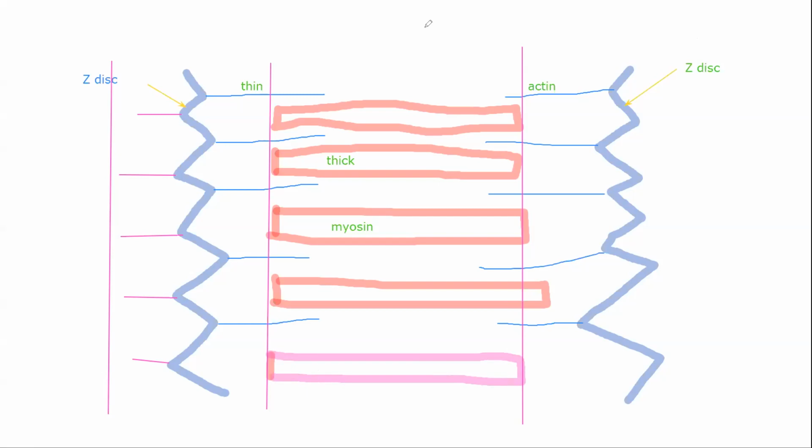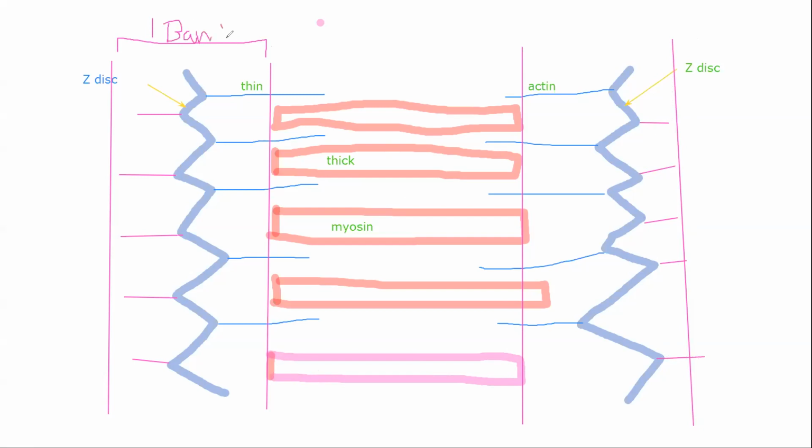All right. And then we would have a line over here, here, and our thin filaments going out like that. Okay, so this region that's going to be from here to here is the I band.